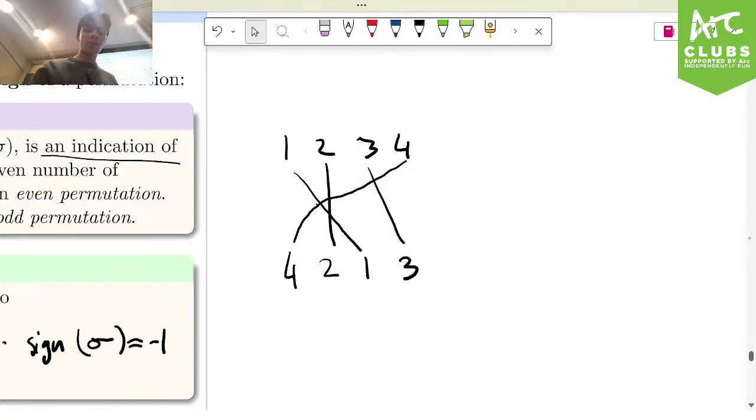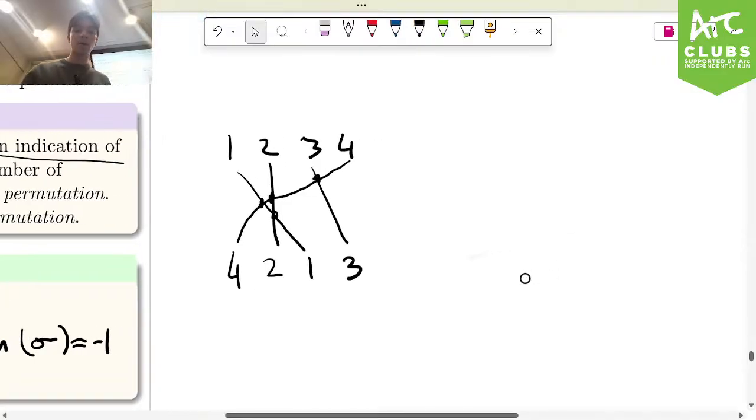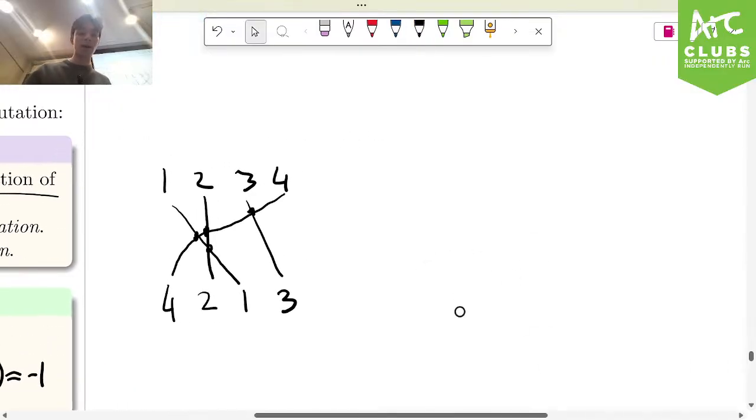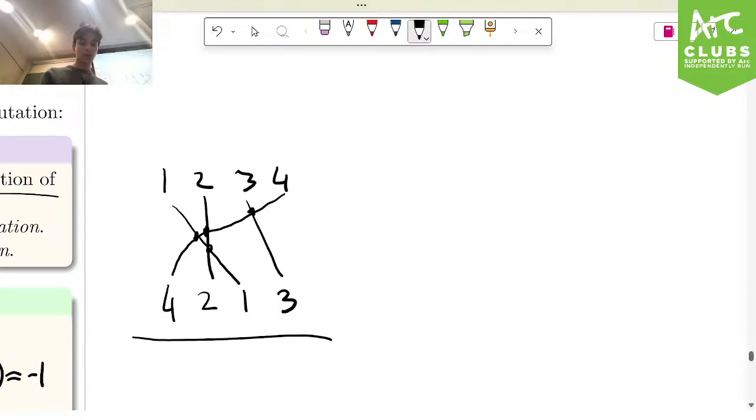And if we count the number of crossings that our lines make, then that'll actually be the number of inversions, right? And we can verify this by looking at all the pairs of elements in this permutation and counting how many of them are out of order.